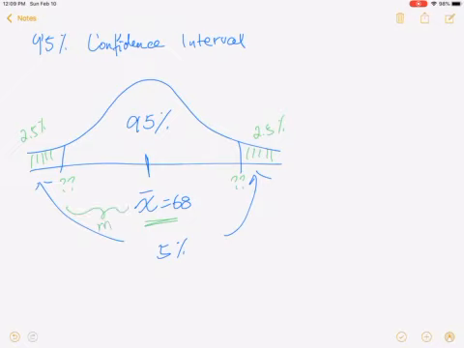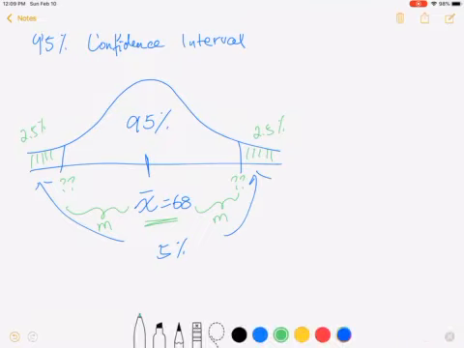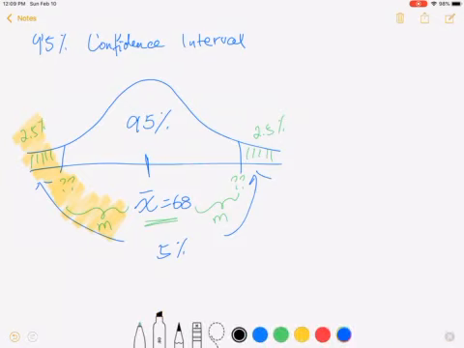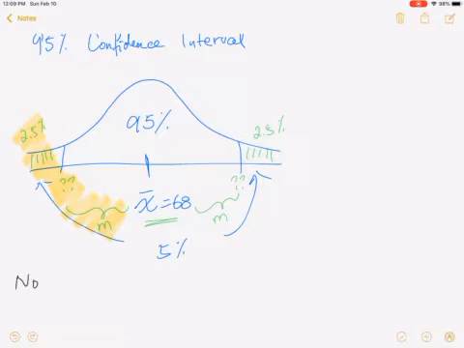I'm going to call it M. So to find it, I'm going to focus on the left part, only because this part is much easier. I can just use norm inverse.